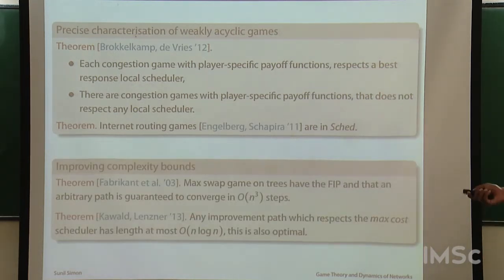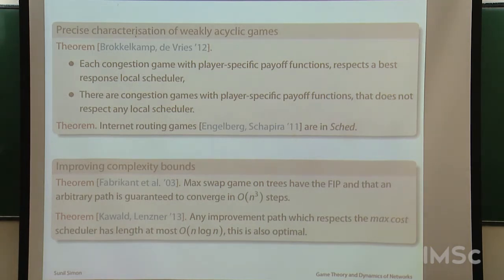This definition is also useful to improve complexity bounds. So this is one example result. There are certain games where FIP says every path terminates, but what is the length of this path? The length of this path can be long. So there are certain games where an arbitrary path is guaranteed to converge in, let's say, some polynomial steps.